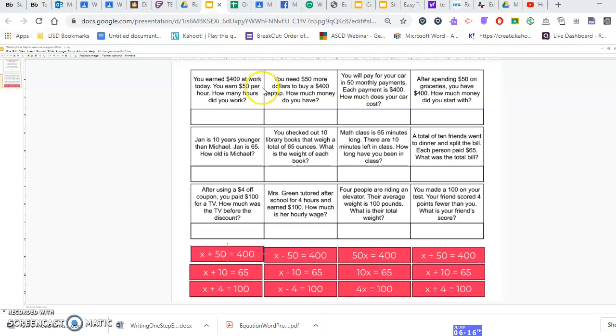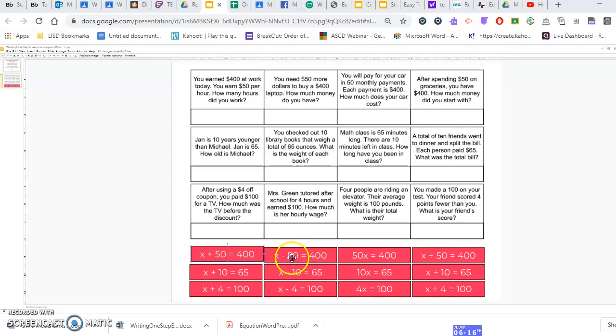$50 per hour. Per hour says each hour, which means multiply times the number of hours. Since we don't know the number of hours, we're going to call that X. So we need 50 times the number of hours to equal 400. This one says 50 plus the hours equals 400.